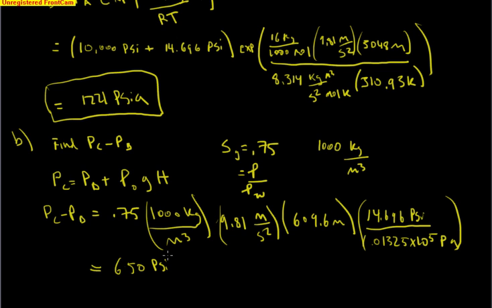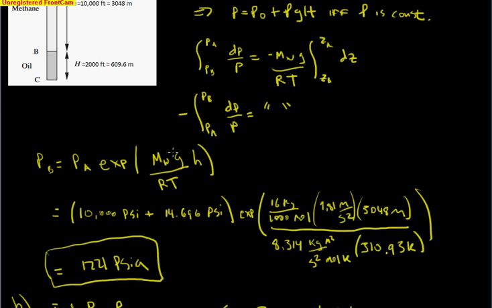Okay, so that would be the answer to part B. So pretty easy. The only difference between the manometer problems is that we just had the variation of the density of the gas to take into account. So that will do it.